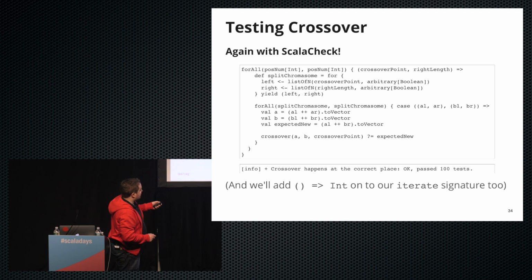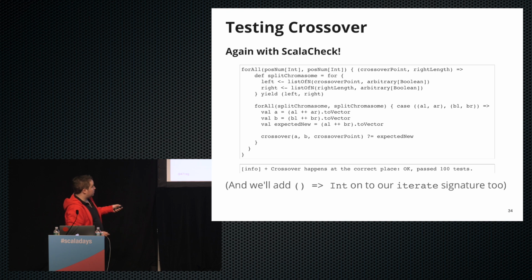And then our property here takes two split chromosomes, it puts them straight together and calls this crossover method. And we know this crossover point because it was generated from our original property. And of course, we know what the expectation should be because we broke it up, and we know where the crossover should happen because we have this value here. And then we can see here that passed.